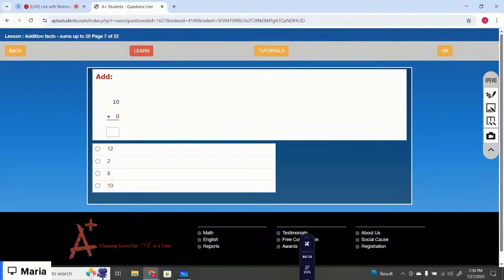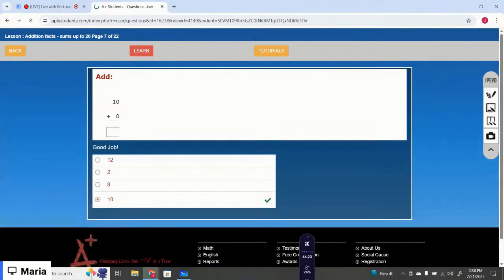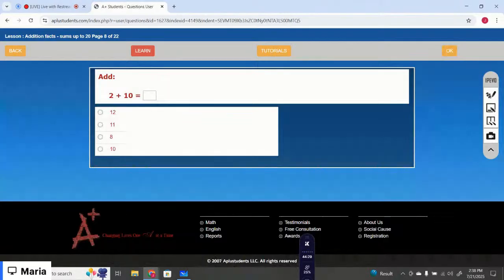10 plus 0 makes 10. Option number 4 is the correct option. 2 plus 10 makes, 10 plus 2 makes 12.